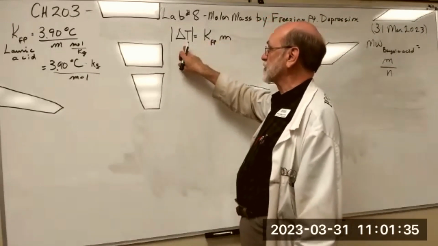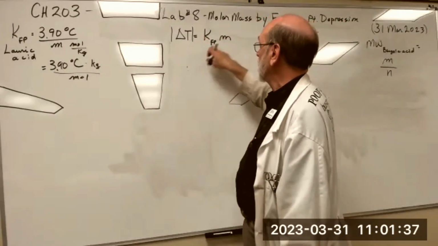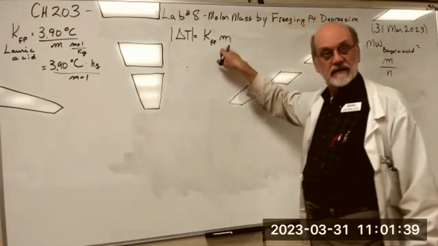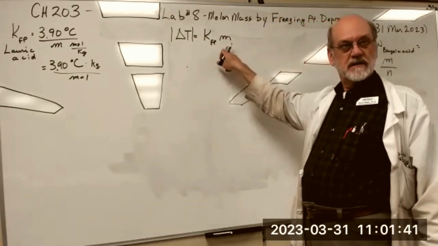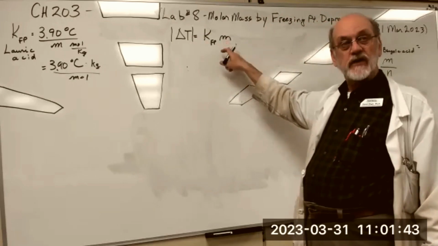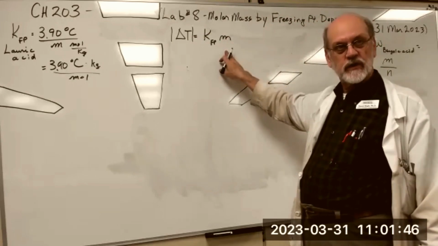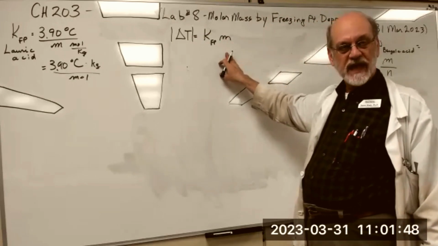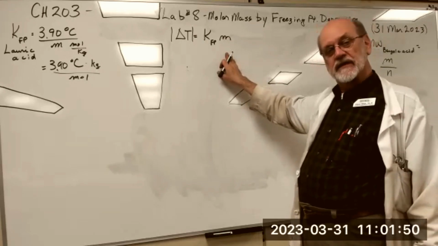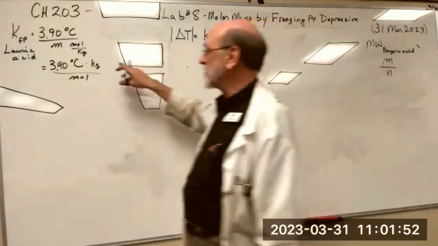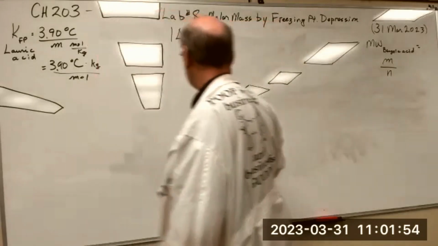We know the change in temperature. We know the K value. We can calculate the molality. From that information, we can calculate the molality of the solution that we create with benzoic acid in the lauric acid. So now that we know the molality, that's moles per kilogram.